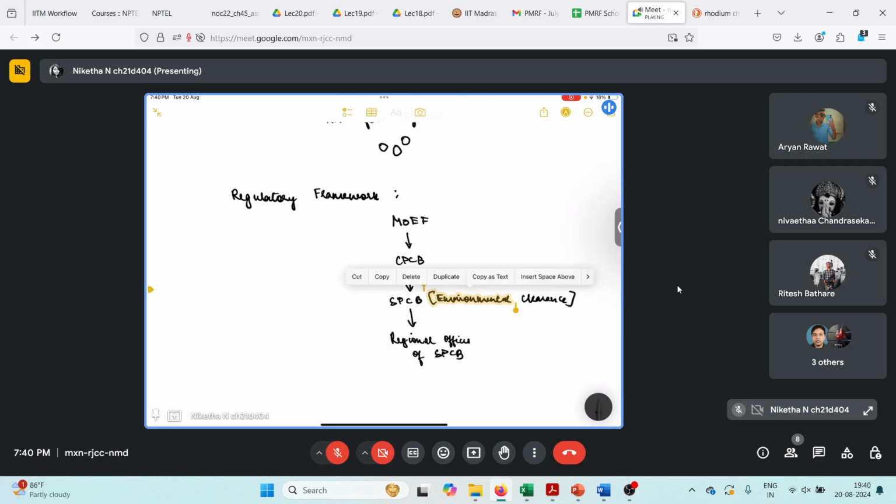The state pollution control boards have the power to give environmental clearance by having a committee of engineers, and they will analyze the project and the environmental impact that the project can have, and then give the clearance. Okay, any questions so far?